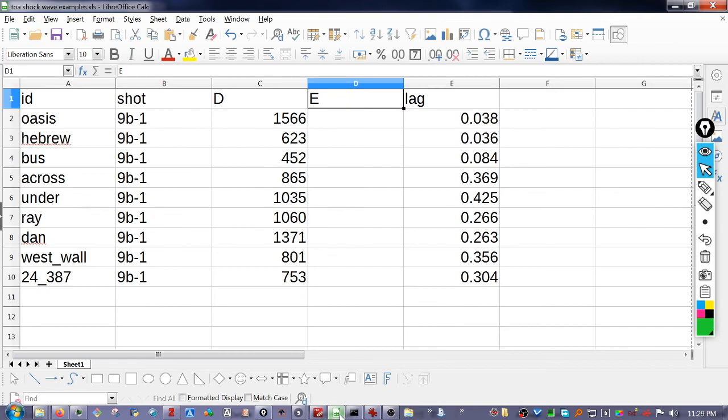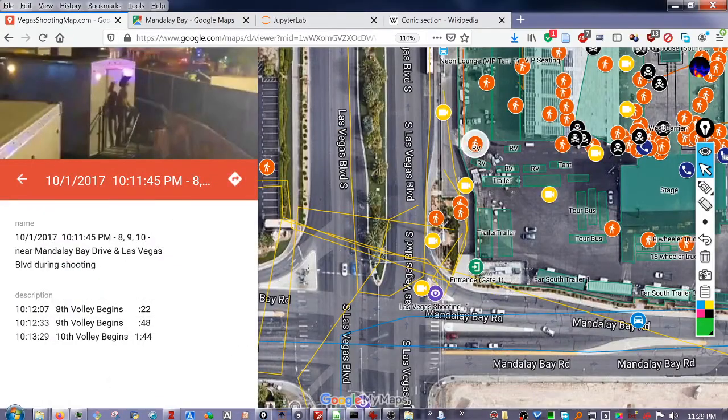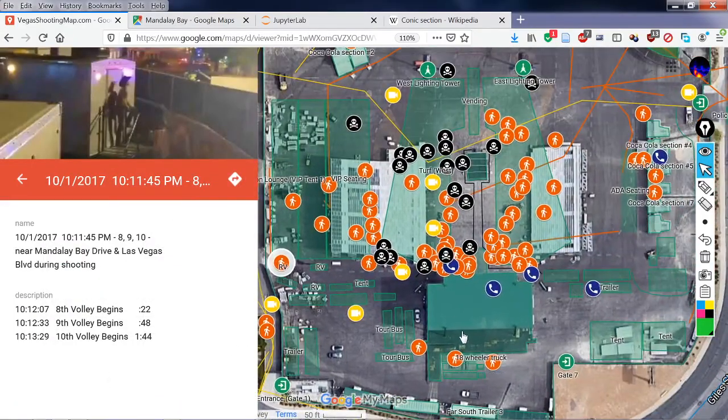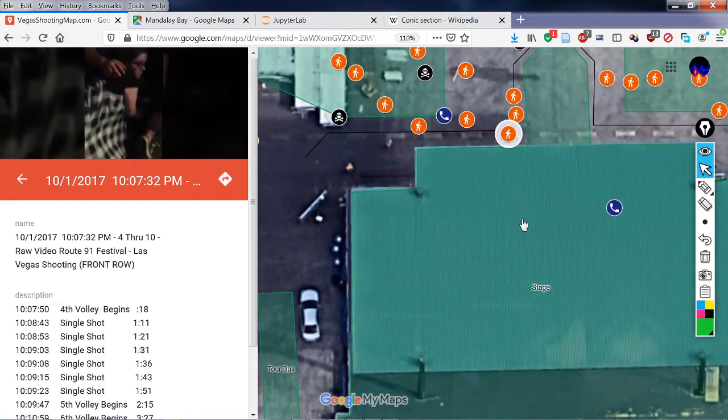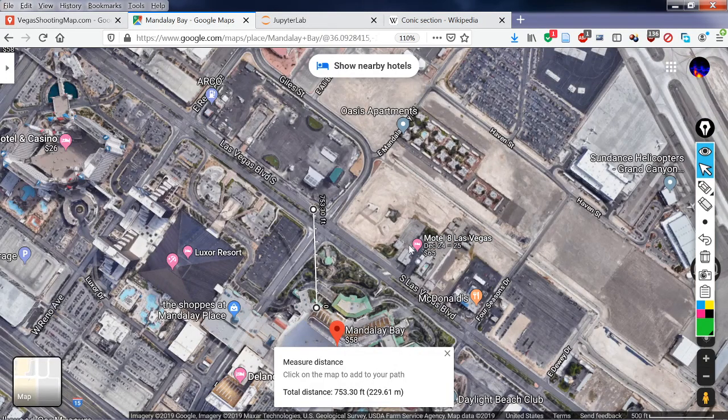Oh, under, we still have under to do. Okay, and under occurs right here. So we have a good sampling across various places. It kind of simulates the sniper, which had various different places.